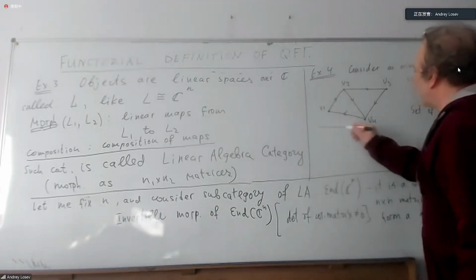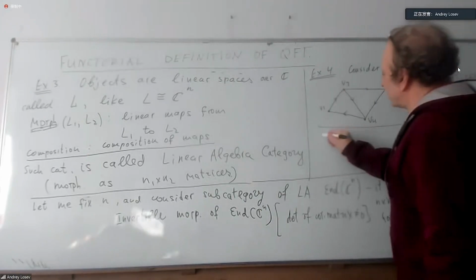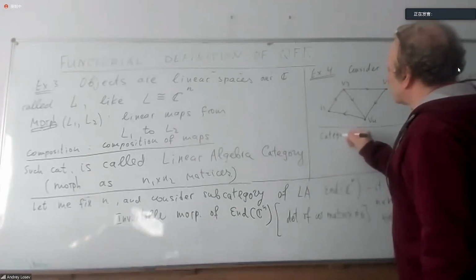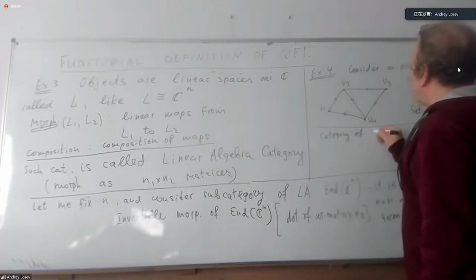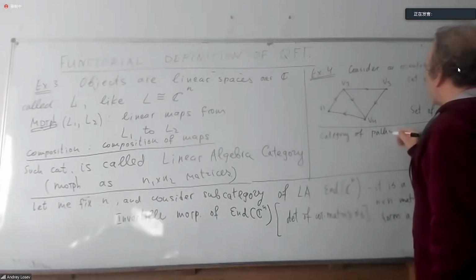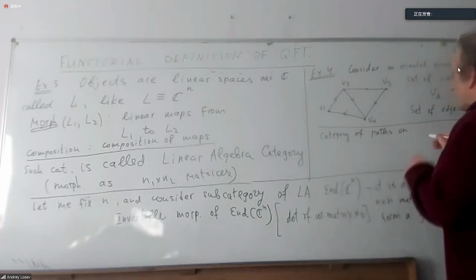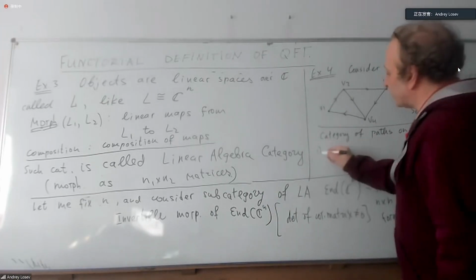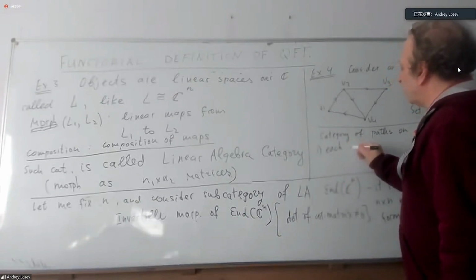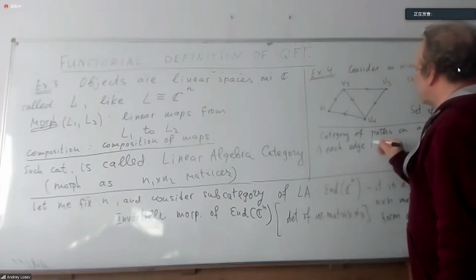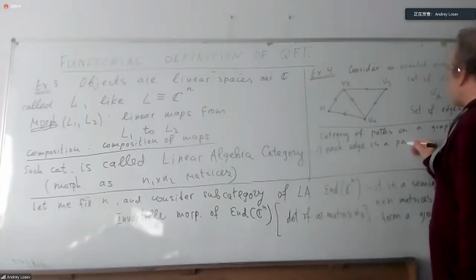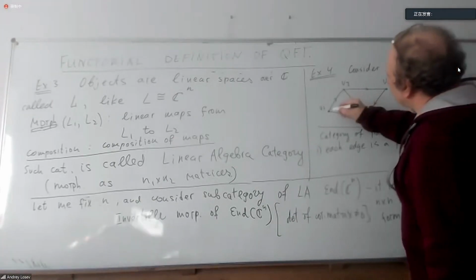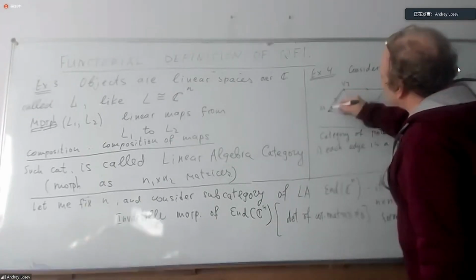And now there is a category of paths on the graph. First, each edge is a path. So this is a path.